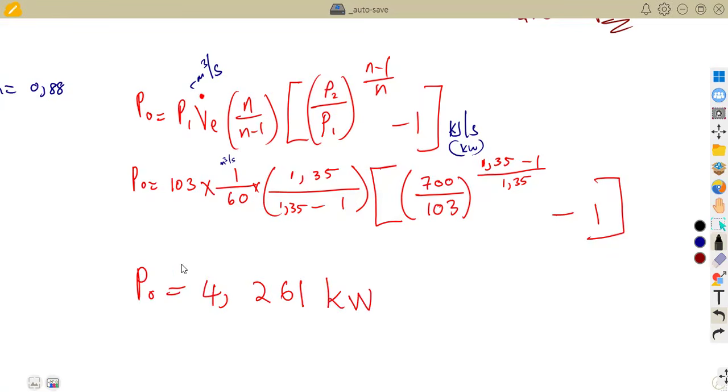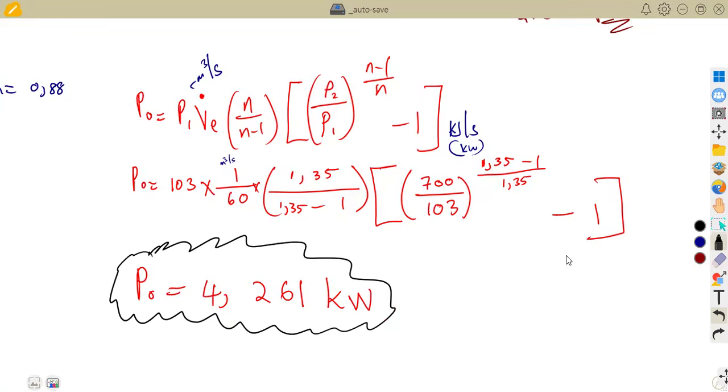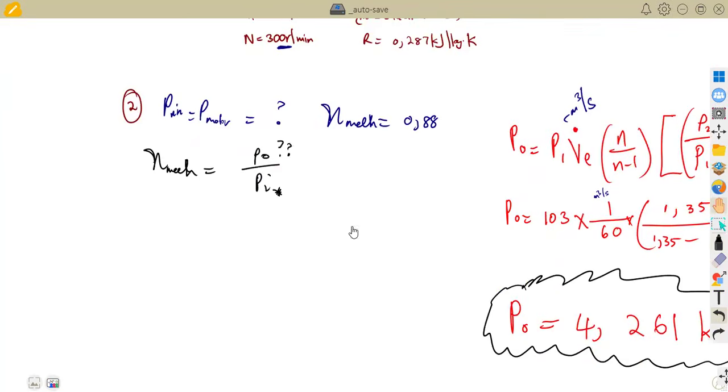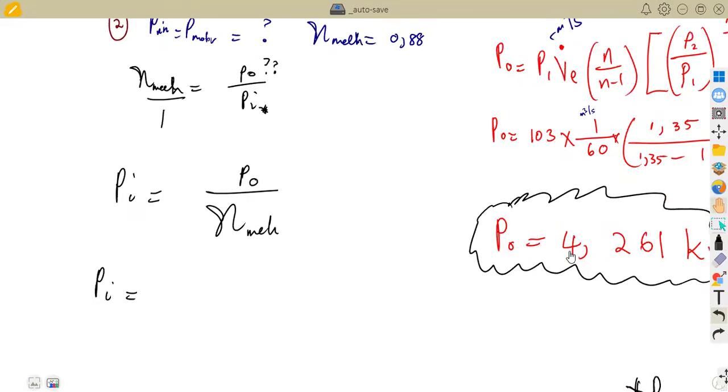This is not what our question was asking, but we are forced because of the formula, the mechanical efficiency. In order for us to have input power, we must have the output power. So you can cross multiply, divide: the input power is equal to the output power over the mechanical efficiency. The power to drive the compressor is the output power that we calculated here.